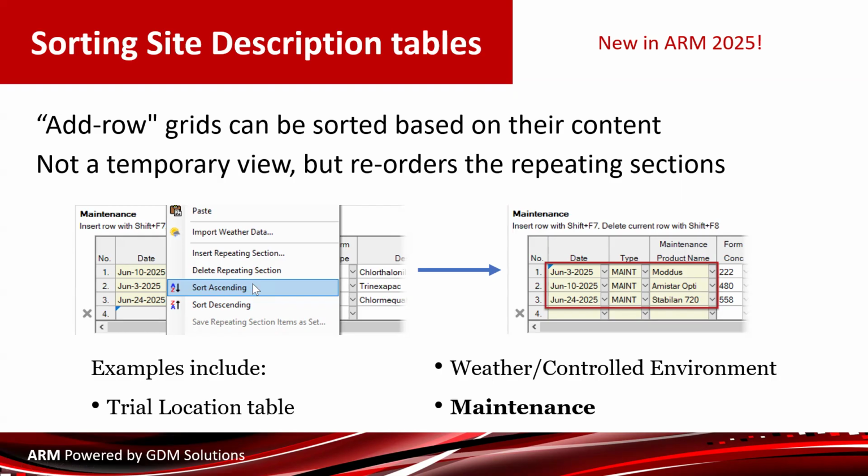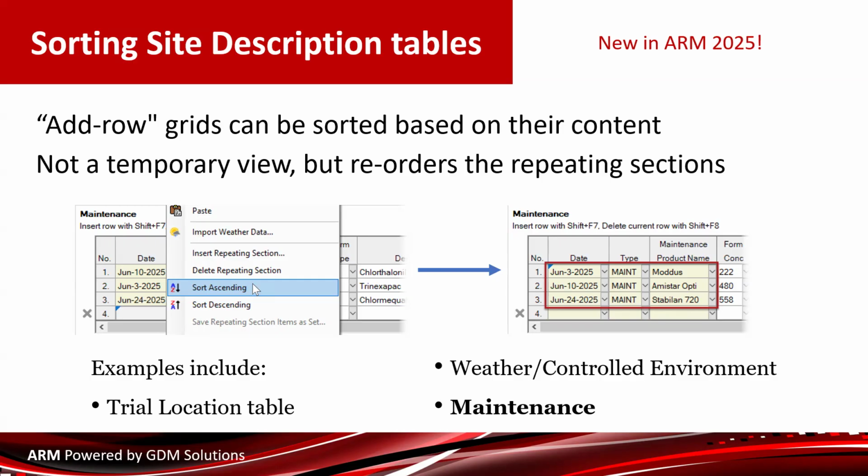So I right-click in the date column and sort, and now those repeating sections have been moved around in their entirety, so they are in order, in this case chronologically. But if I wanted to sort them by the product name, so they were in alphabetical order, I could do that if I just right-clicked in the name column instead.